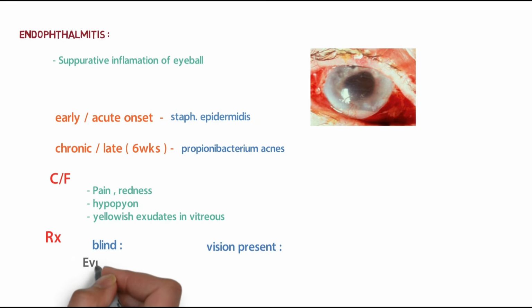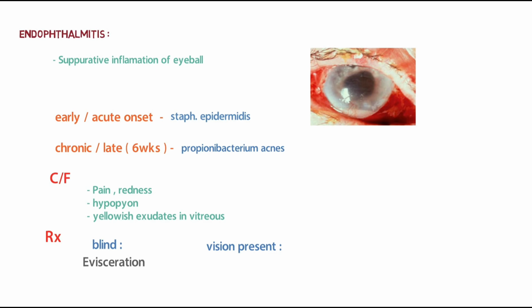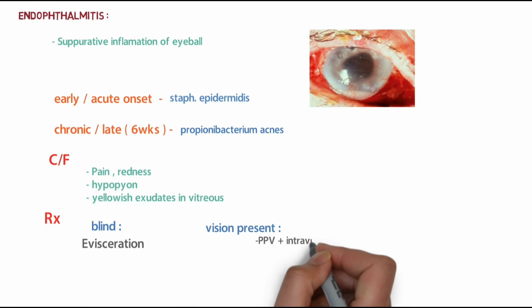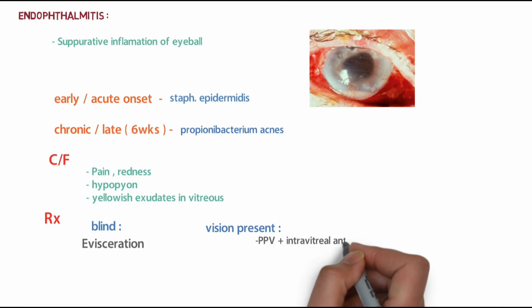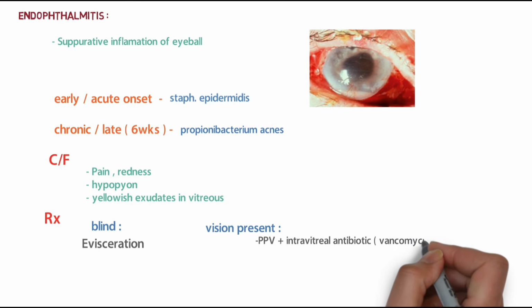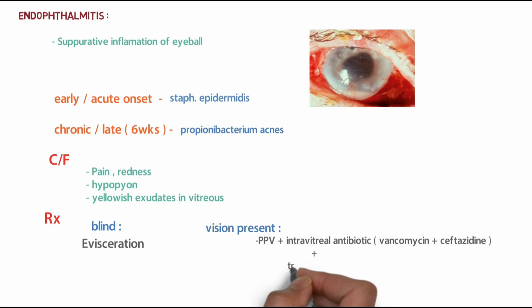In a blind person, we can do evisceration, that is removal of everything in the eye excepting the sclera. When vision is present, we do pars plana vitrectomy plus intravitreal antibiotics like vancomycin and ceftazidime, and after that we can give topical antibiotics. So this is about endophthalmitis.